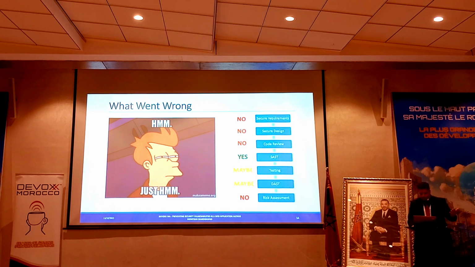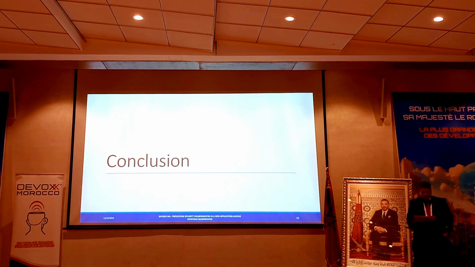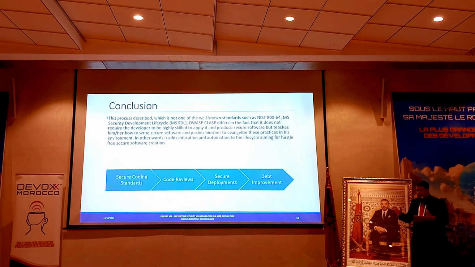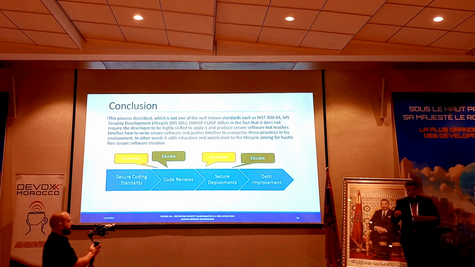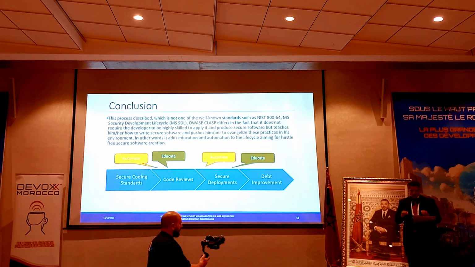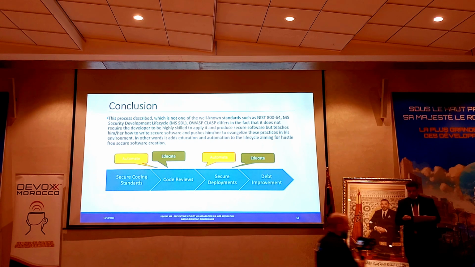In conclusion, what we are doing is using secure coding standards, code reviews, and secure deployments, as we said before, and doing that improvement, but we need to insert automation and education into our process. We need to be able to educate the developers in order to produce better code and automate whatever we can.